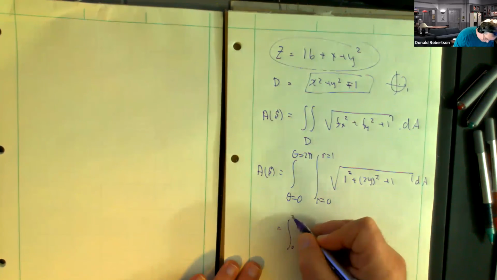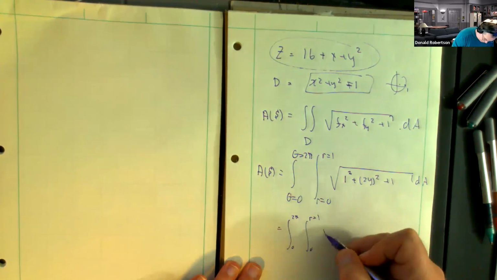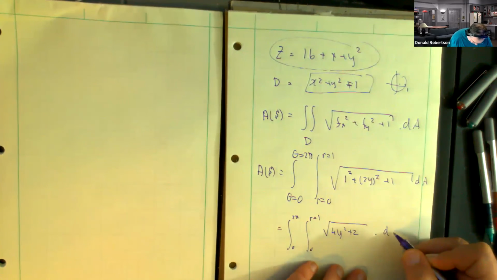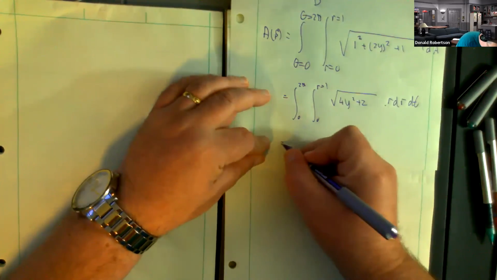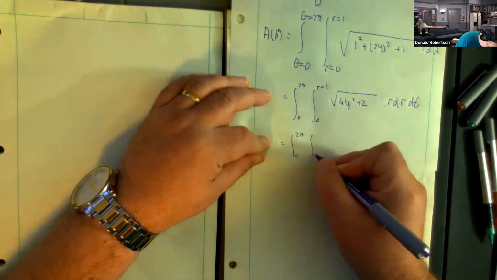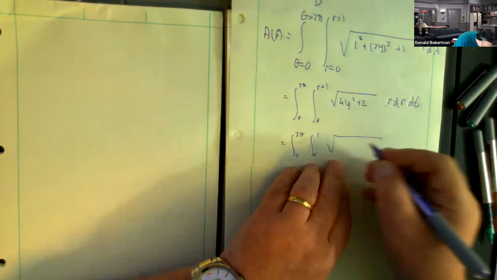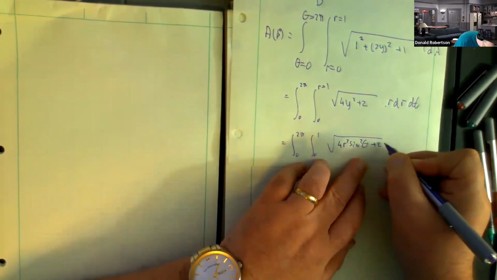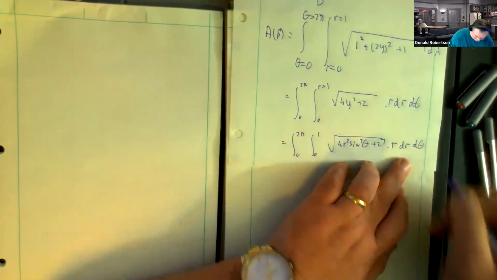So it's going to be 0 to 2 pi, 0 to 1, the square root of 4y squared plus 2, r dr d theta. That's 4 times r sine theta squared, so that's going to be the integral from 0 to 2 pi, 0 to 1 of the square root of 4 r squared sine squared theta plus 2, times r dr d theta.